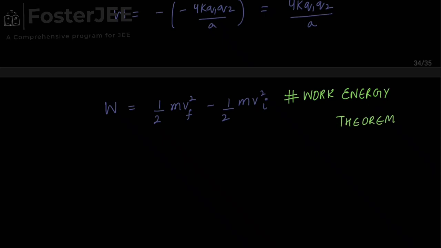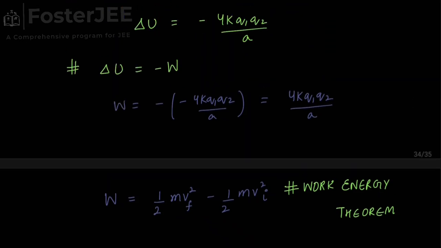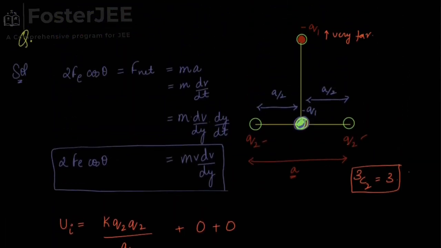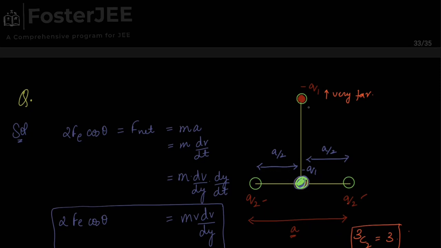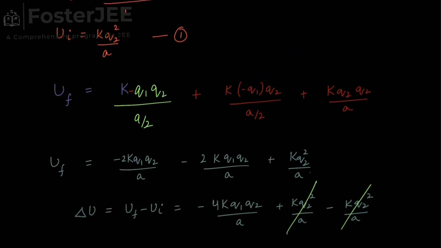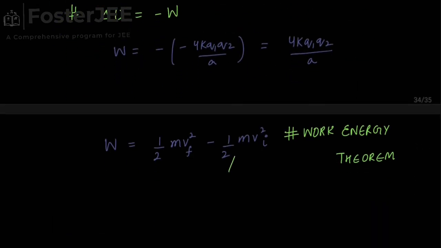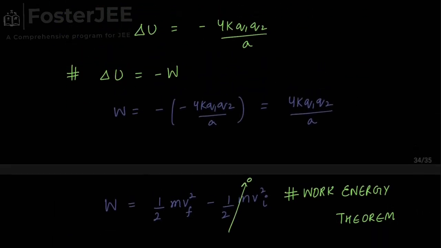It says that work done by any force will be the change in kinetic energy of the particle. Since initially the charge was very far and experienced only a small interaction, the net kinetic energy would be very small. So we can take it as 0. So initially it was 0.